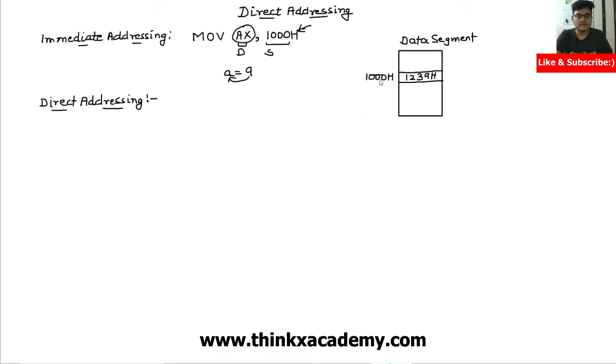So the data is not 1000H, it is the memory location. I'm just going to write memory location or memory address, you can say anything. And here we have the data, right? So instead of directly providing the data as in immediate addressing, we provide this memory location 1000H.